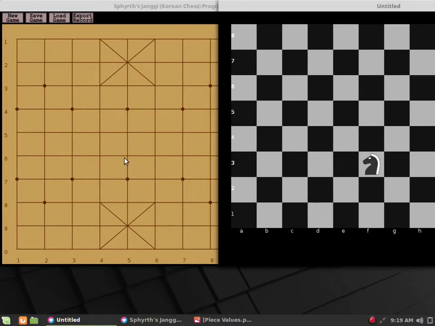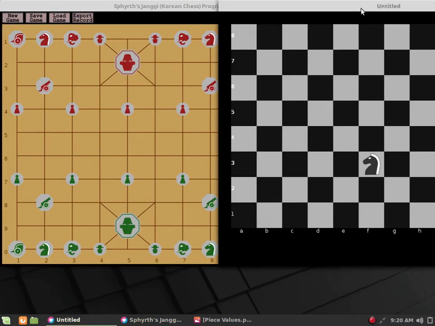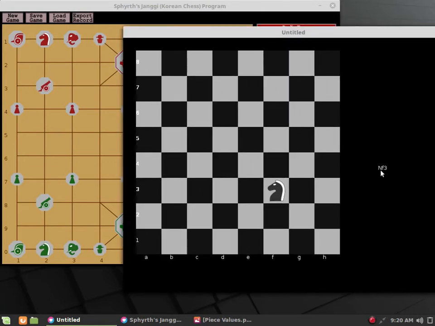Another thing, when it comes to movements, let's go with the new game for now. This is how chessboard notations do it. They assign the piece letter, for example, the knight in F3, meaning it just moved to F3.